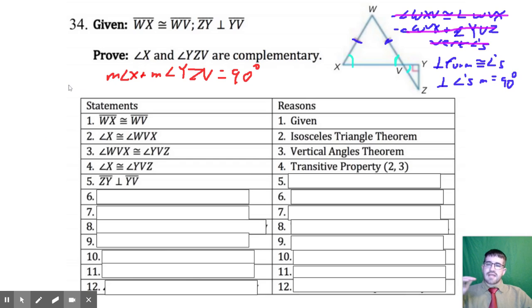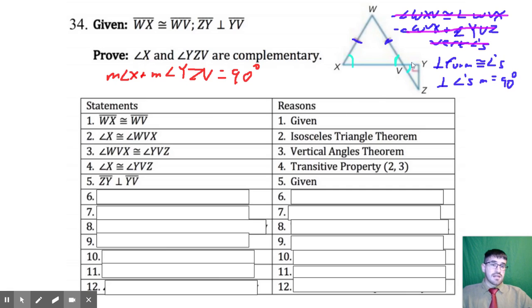And now that we've done that, we've done everything we can with these segments. We have nothing else that we can actually derive right now. So we're going to jump to our second bit of information, which is that segment ZY is perpendicular to segment YV. And that information was given to us.